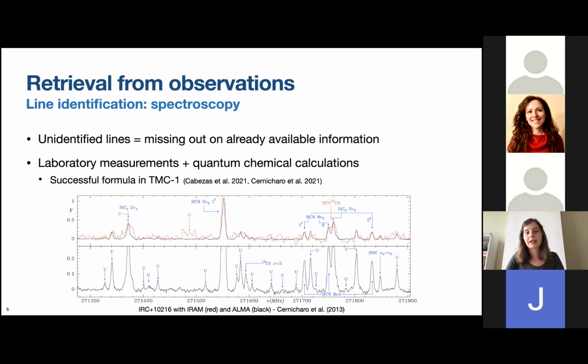And the group led by Cernicharo has proven that this is quite a successful formula for the dark cloud TMC-1. You might have noticed it on arXiv. Plenty of new species have been discovered because they have the data, they have the lab, and they have the quantum chemists. So a fruitful way forward.